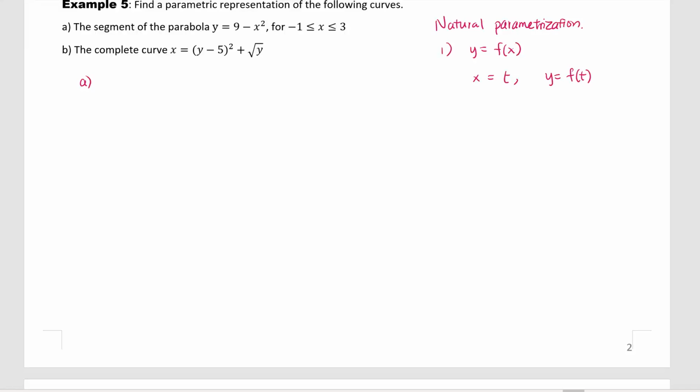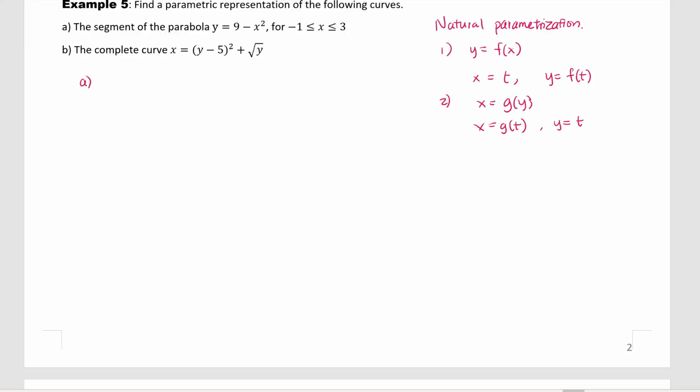If x is a function g of y, then we let y be t, and then x is just g of t. So these are the natural parametrizations.